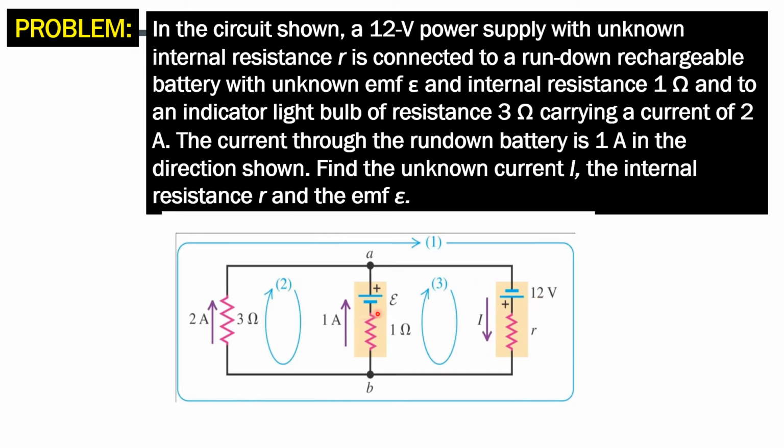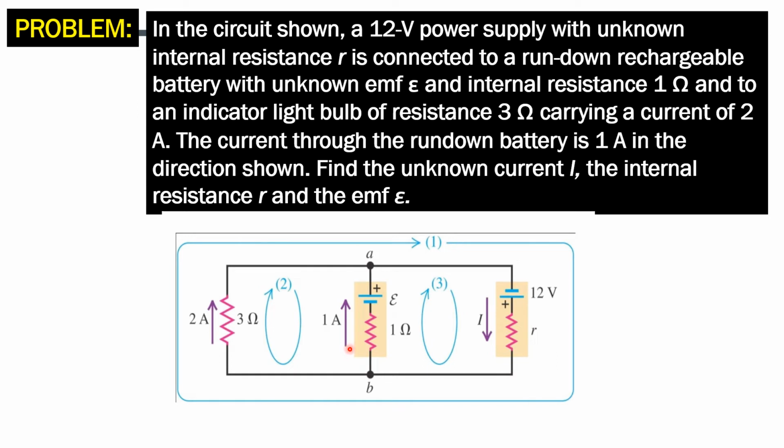Now, there is, as described in the problem, a rundown battery with a given internal resistance of 1 ohm, but an unknown EMF or epsilon. There's a current passing through this rundown battery, and the direction of the current is as indicated here.